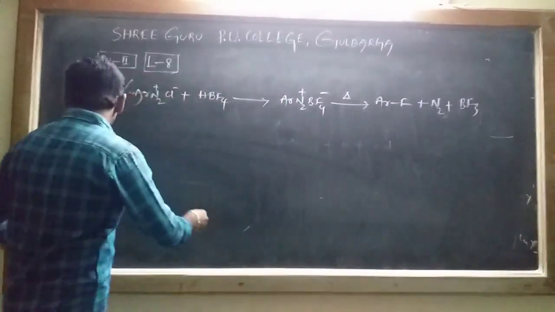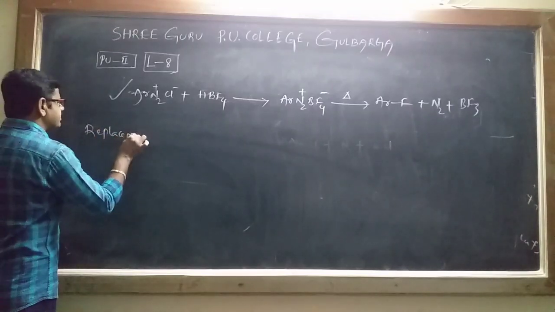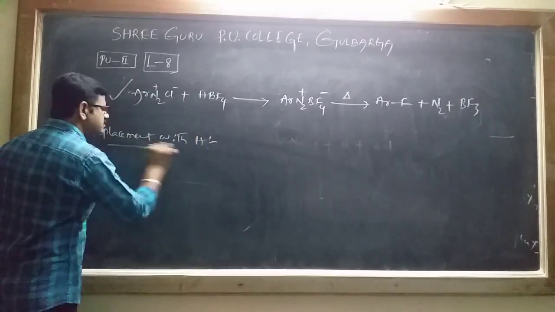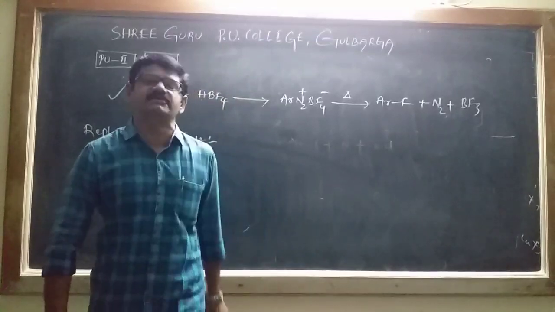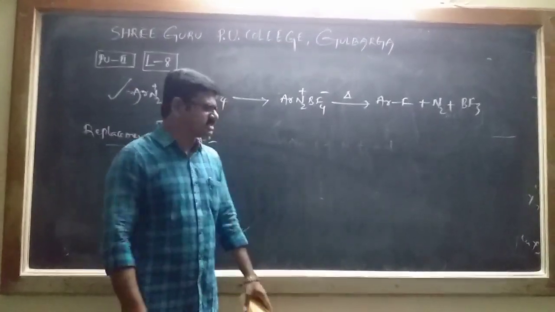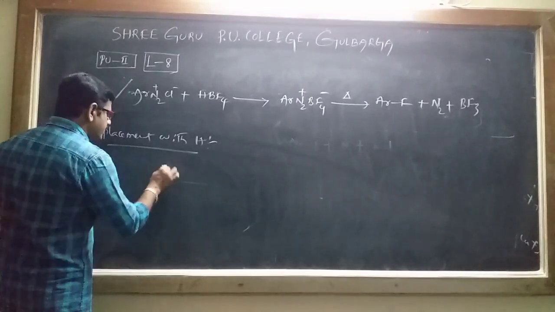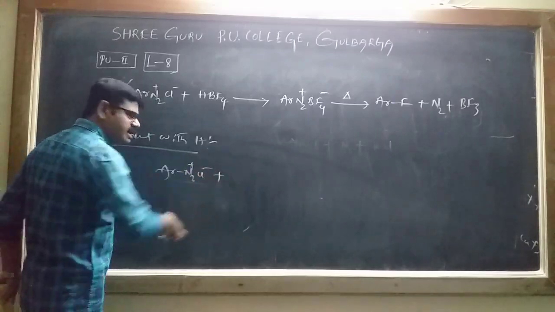Now, the replacement with hydrogen. How do we replace the diazo group with hydrogen? Let's discuss now. Very simple. Take ArN2+ Cl− diazonium salt.